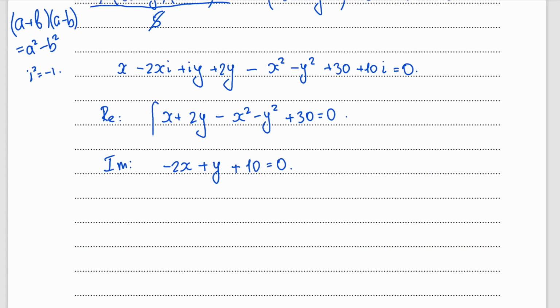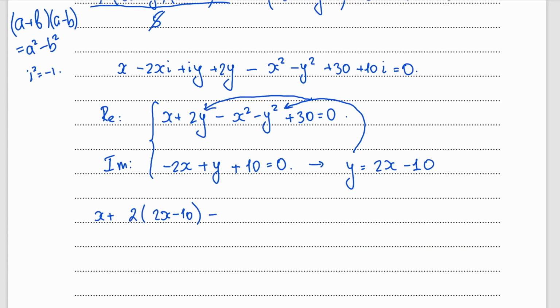So now we got simultaneous equations, and I want to make y the subject from this one. Substitute it into the top equation, here and here. Again, expand the brackets.